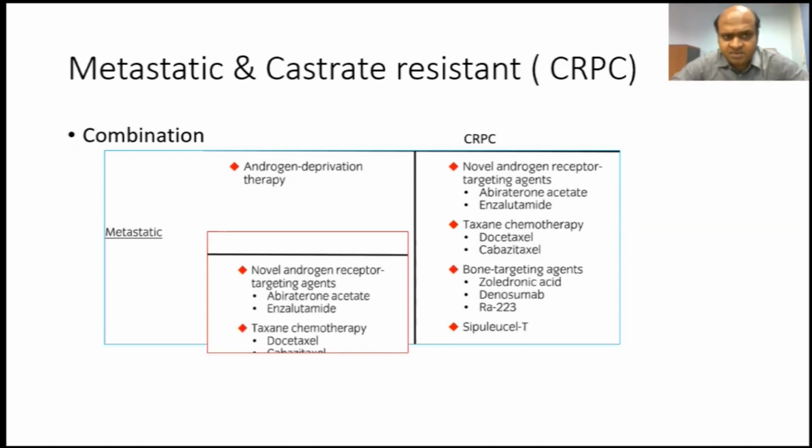And when the patient becomes castrate resistant, these novel agents are being used, like abiraterone acetate, enzalutamide, or chemotherapeutic agents for treating castrate resistant prostate cancer. So with availability of these agents, the quality of life and survival has improved to some extent.